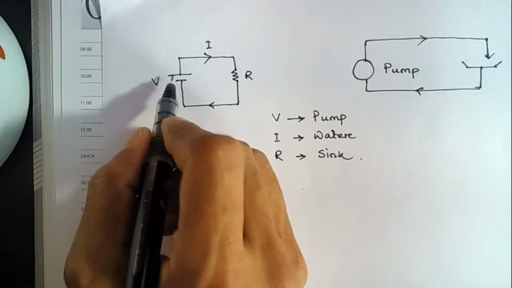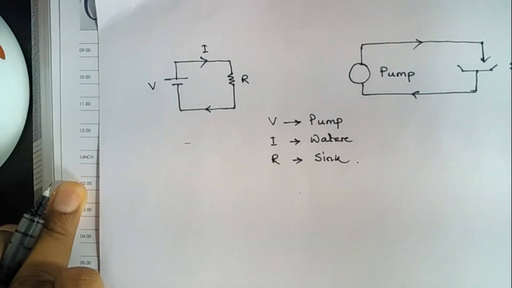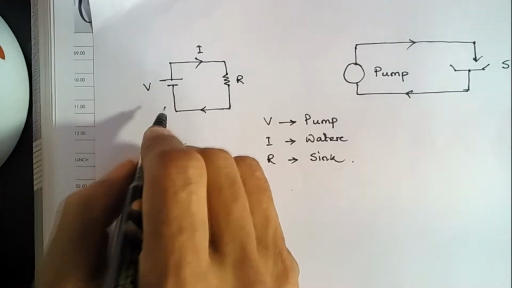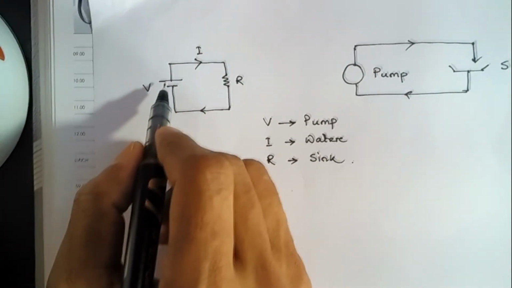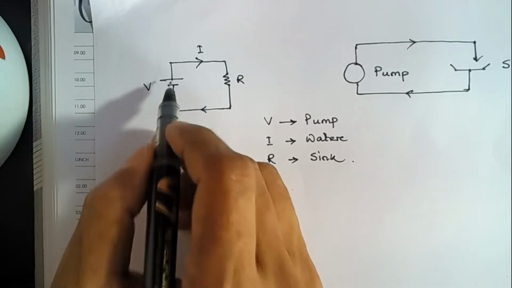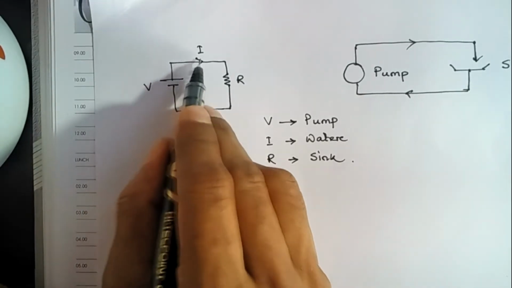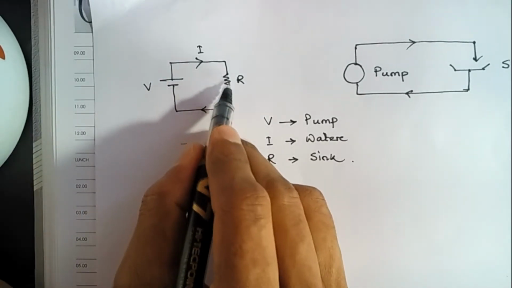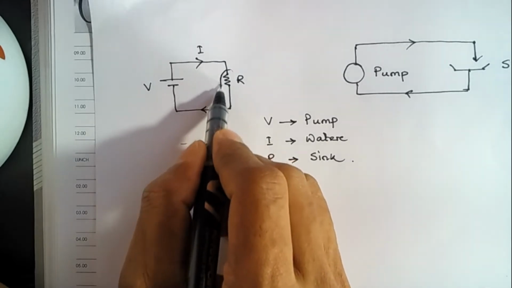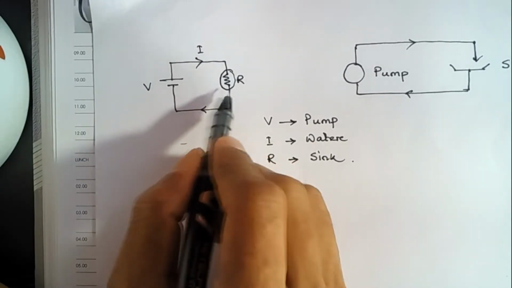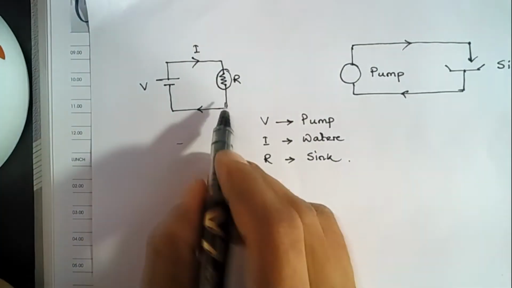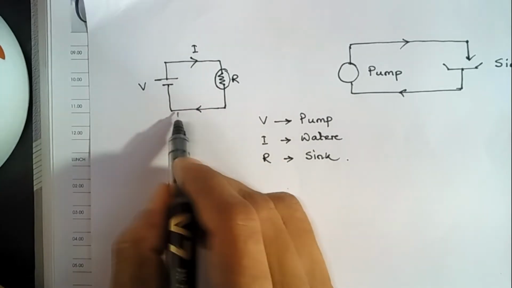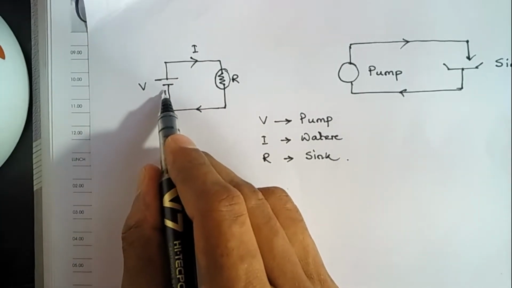The voltage makes a force, resulting in the current flowing through this way through a resistor. This is a load, similar to the sink, and the current comes back to the negative terminal of the voltage.